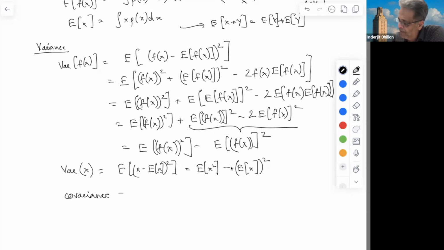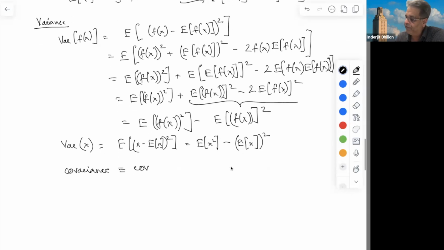Many times we'll use cov to denote the covariance. So the covariance of x, y is basically how they behave in terms of deviation from the mean. So x minus expectation of x.